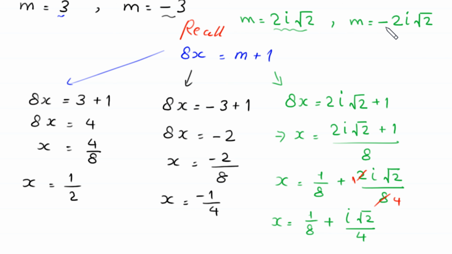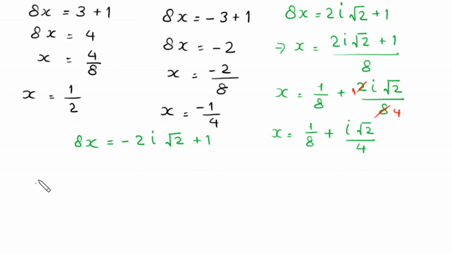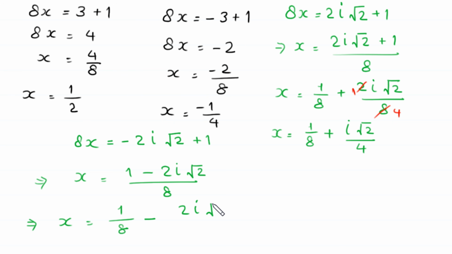When m is equal to negative 2i times root 2, then this equation will become 8 times x is equal to negative 2i times root 2 plus 1. Now this implies that x is equal to (1 minus 2i times root 2) divided by 8, and this implies that x is equal to 1 over 8 minus 2i times root 2 divided by 8.